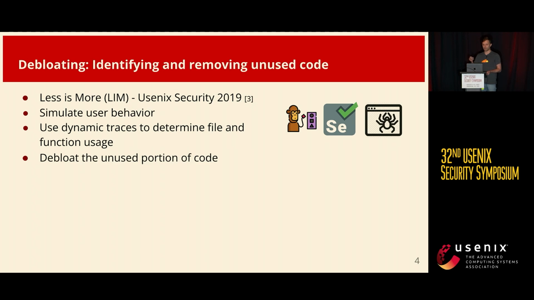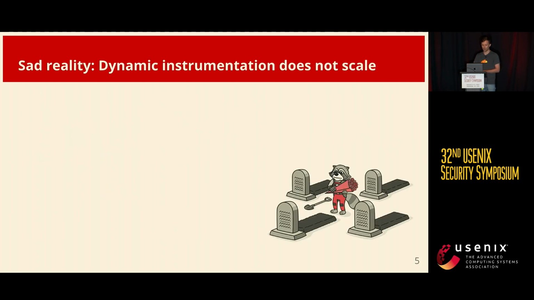Knowing which parts of the application were used, we went ahead and debloated, removing the unused portions of the code. And the results were fantastic. We could produce applications that were on average 47% smaller in terms of lines of code and were vulnerable to 60% fewer CVEs.